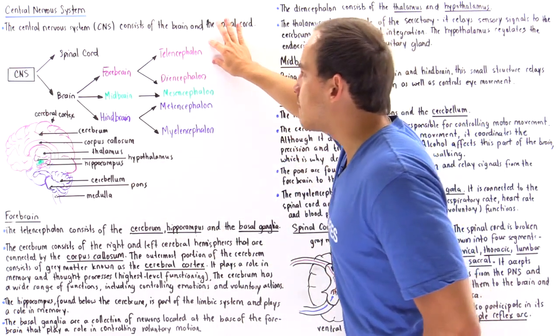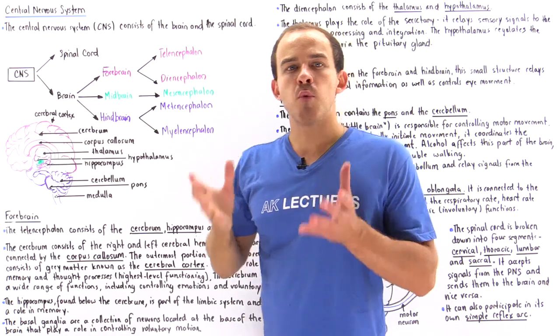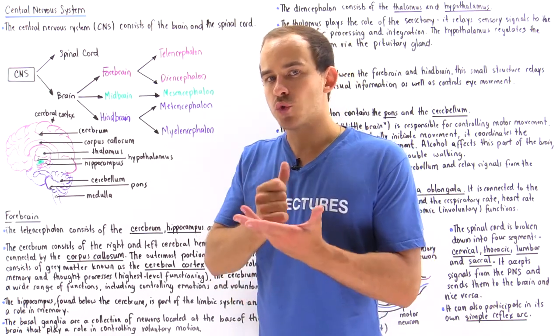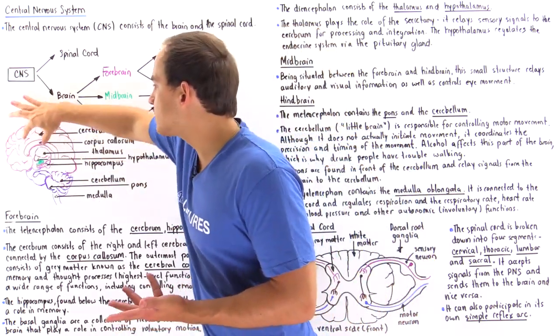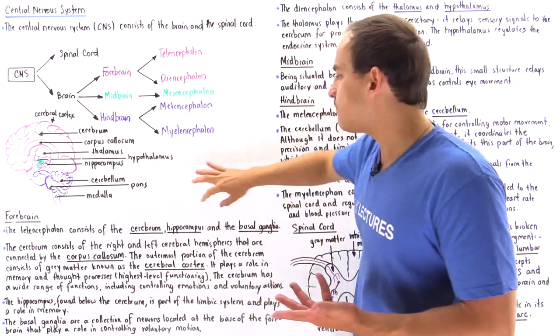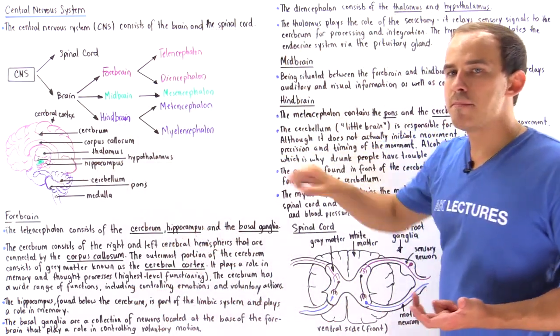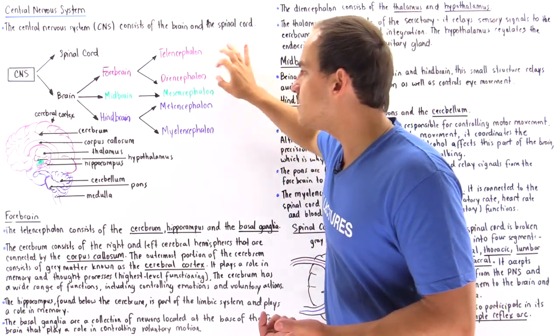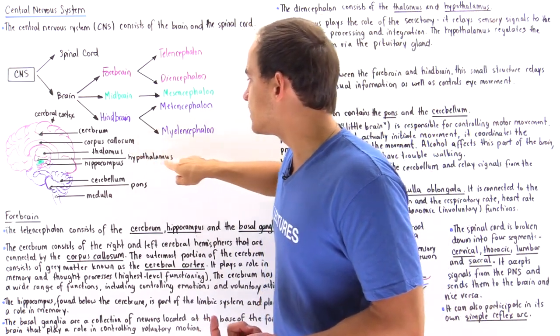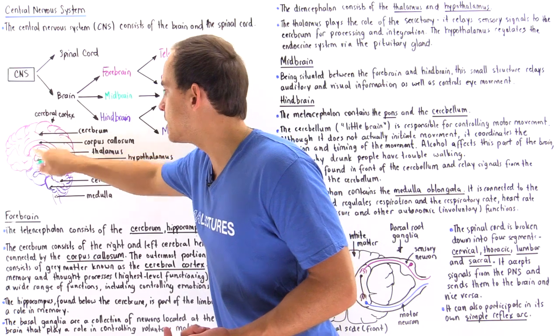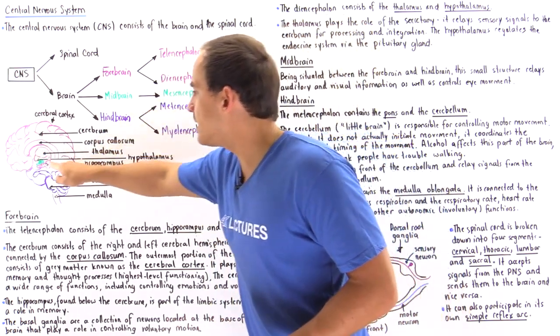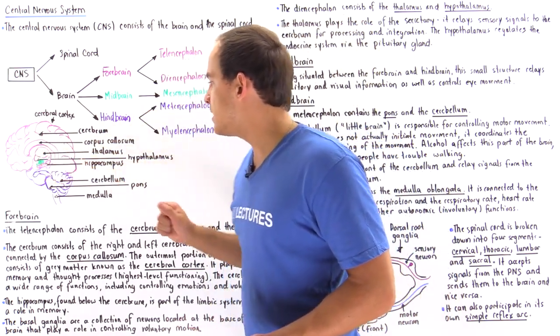Now, the telencephalon contains three important structures. We have the cerebrum, which is this entire structure here. We have our hippocampus, this section here, and we also have the basal ganglia. The diencephalon contains the thalamus and the hypothalamus, in this section, while the midbrain is this green section here.